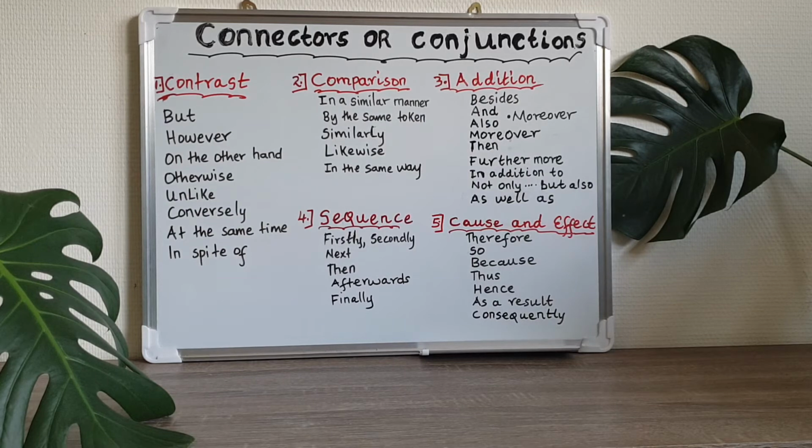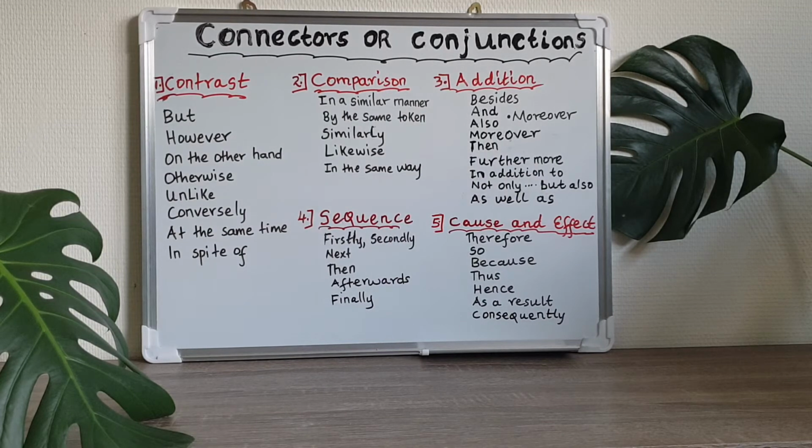Okay? In a sentence, I would say in a compound sentence, okay? Remember earlier on I said that connectors are used to help us to join two or more sentences together, okay?